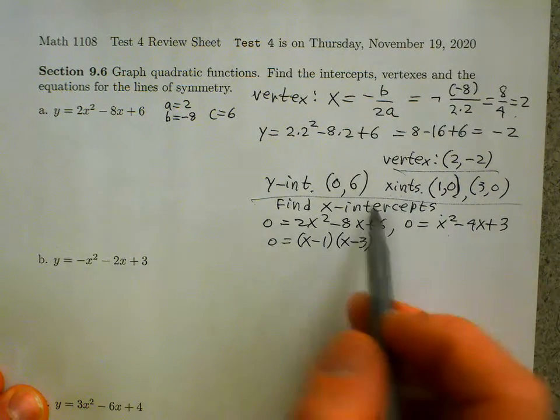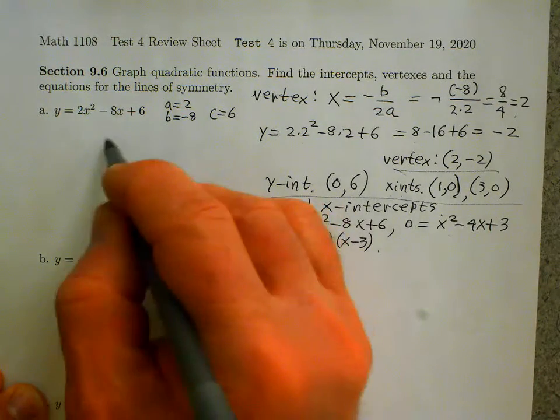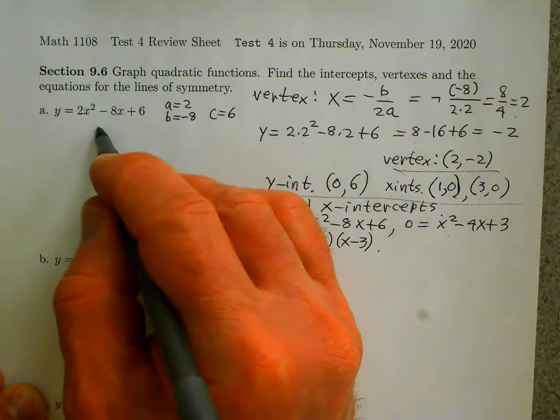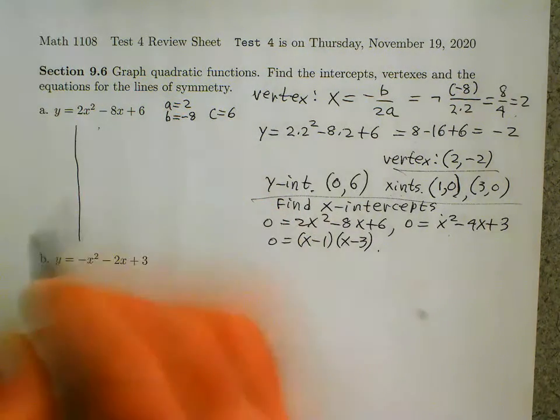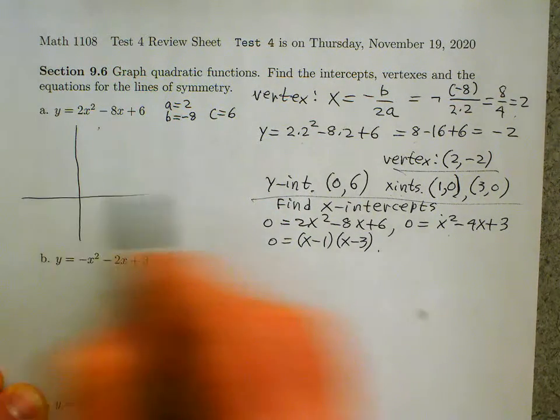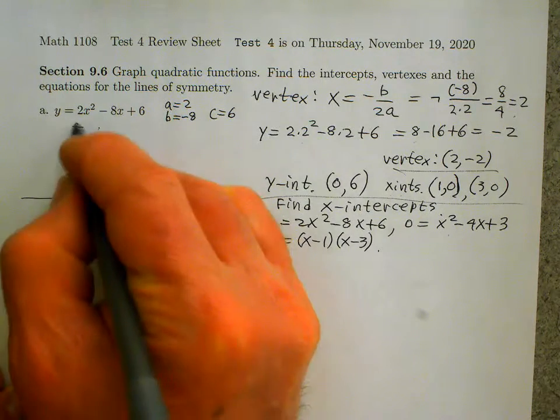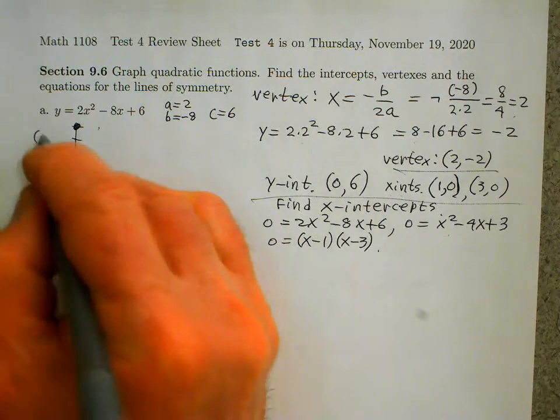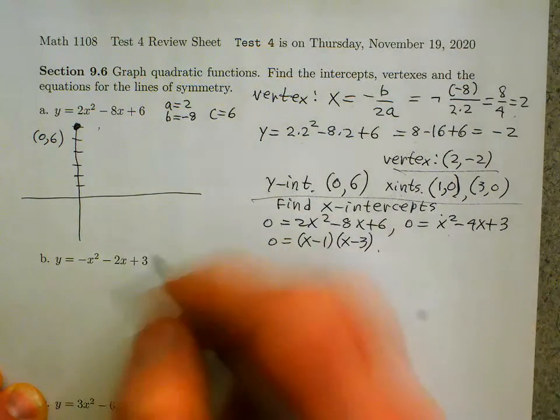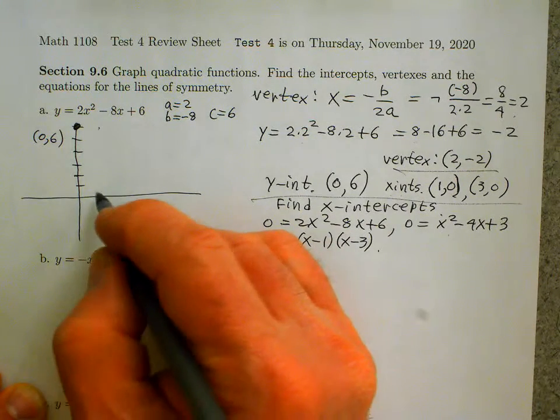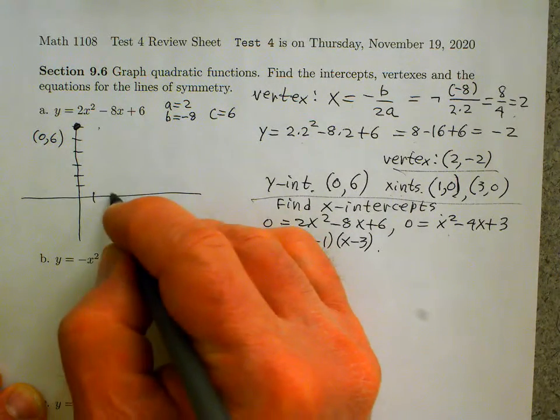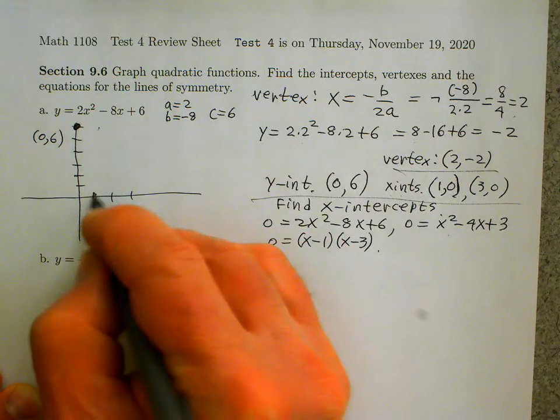So we can sketch a graph of this. We know 4 points on the graph. The y-intercept is (0, 6). The two x-intercepts are (1, 0) and (3, 0).